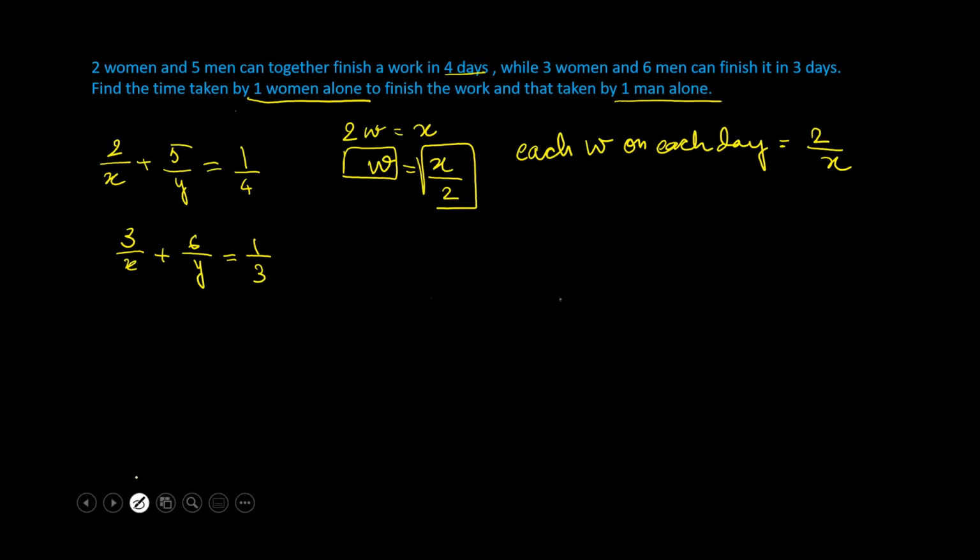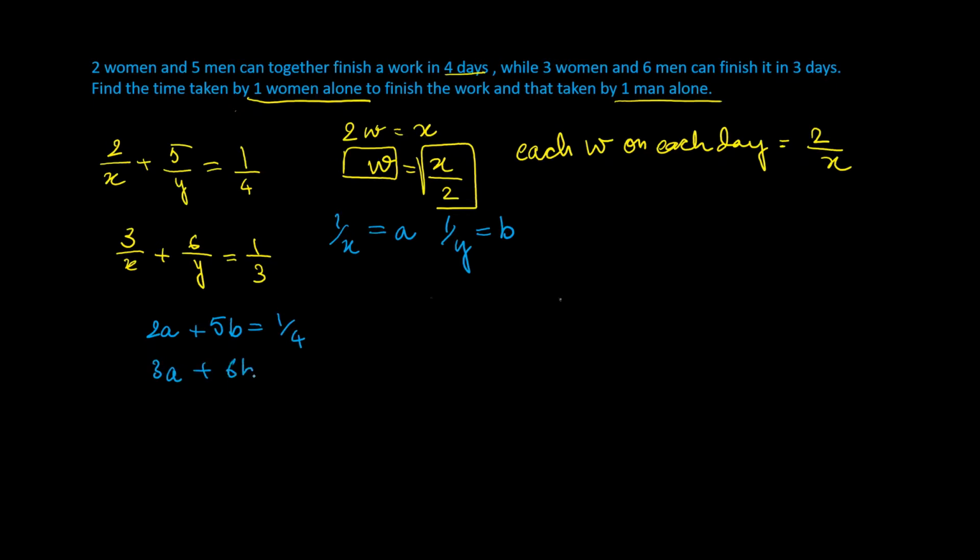Now let us solve this. One more thing: I want to consider 1 by x as a and 1 by y as b. So I'll get 2a plus 5b is 1 by 4, the first equation I'm writing, and 3a plus 6b is 1 by 3.